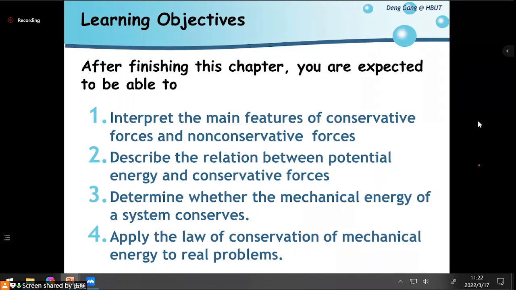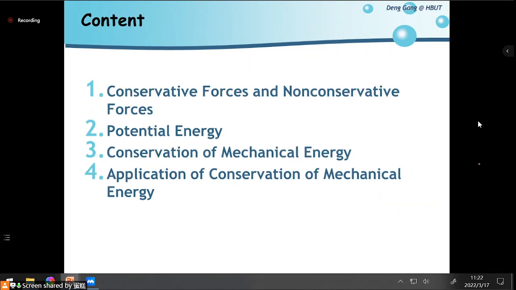You should determine whether the mechanical energy of a system is conserved, and apply the law of conservation of mechanical energy to real problems. So the content covers conservative forces and non-conservative forces, potential energy, conservation of mechanical energy, and the application of this law.